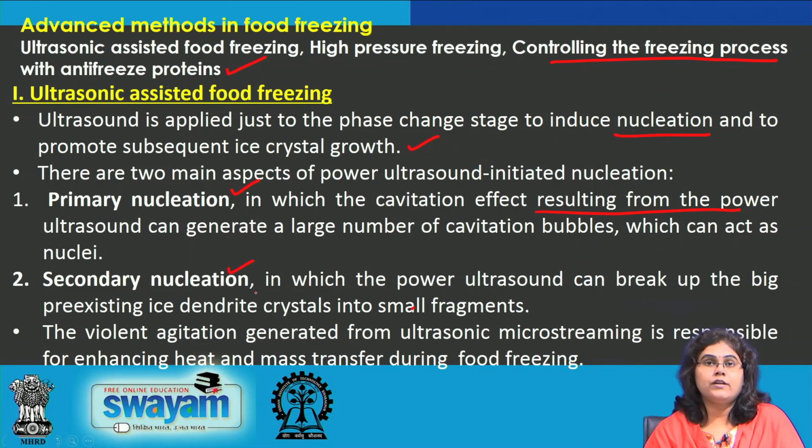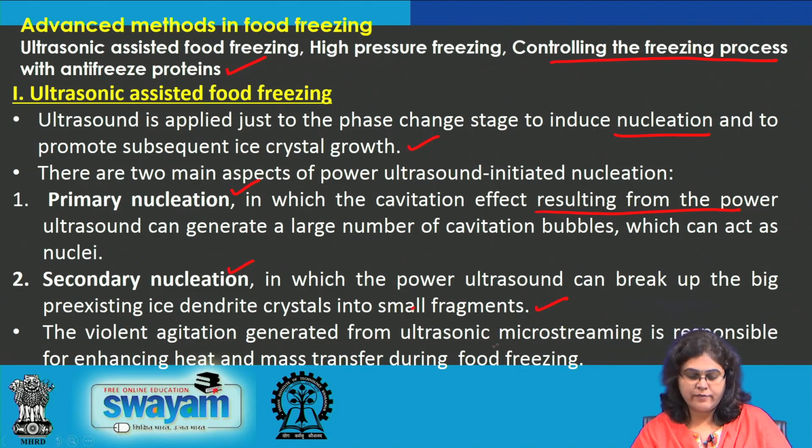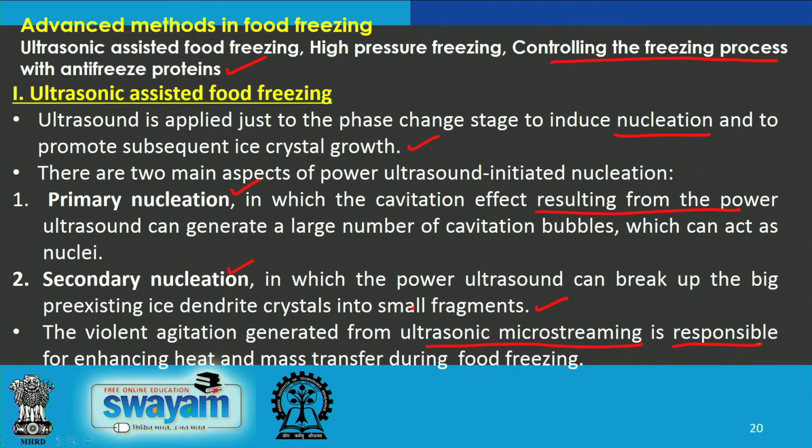Similarly, in secondary nucleation, the power ultrasound can break up the big pre-existing ice dendrite crystals into smaller fragments. The violent agitation generated from ultrasonic microstreaming is responsible for enhancing the heat and mass transfer phenomenon during the freezing process. So, ultrasound application during freezing is mostly employed during the phase change condition.